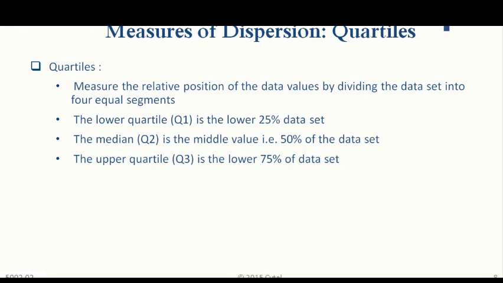Likewise, Q3 is the third quartile, which is the positional average below which there are 75% of the data set, or above which there would be 25% of the observations. So three partition values are splitting the data into four equal parts. That's what these quartiles do.